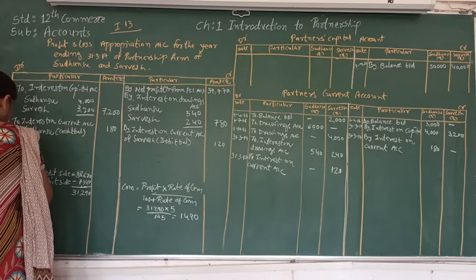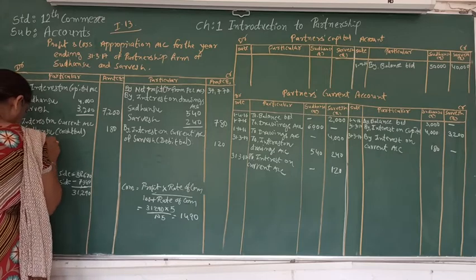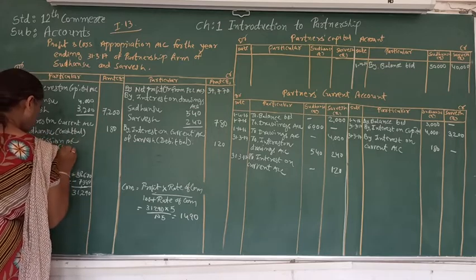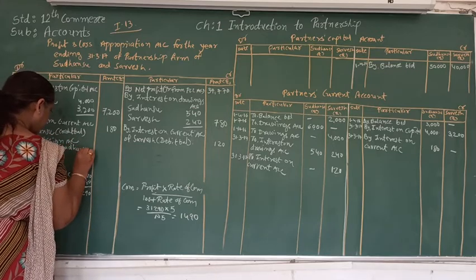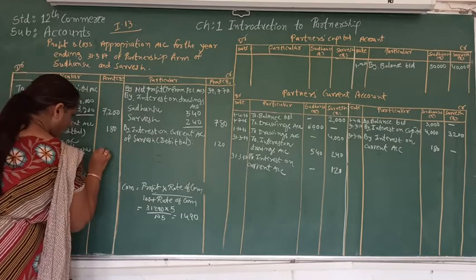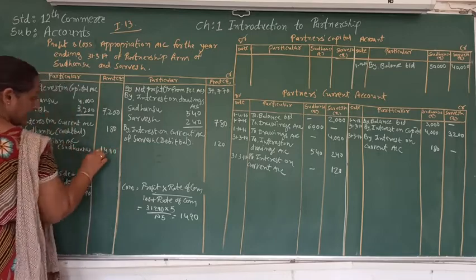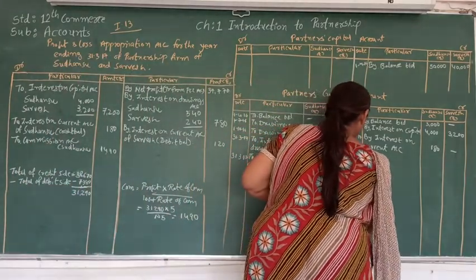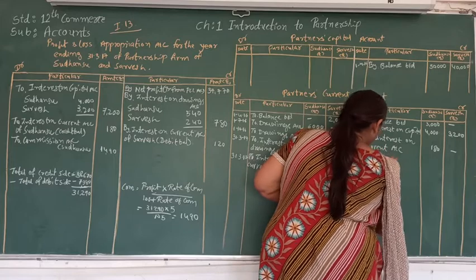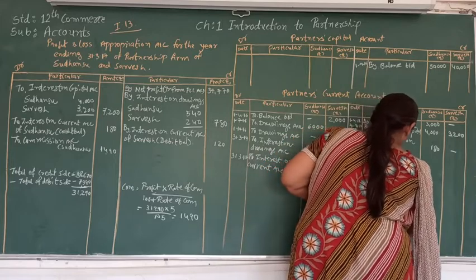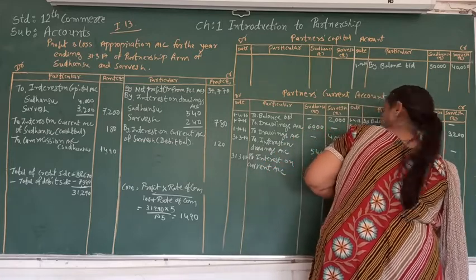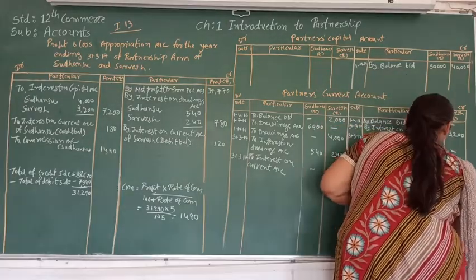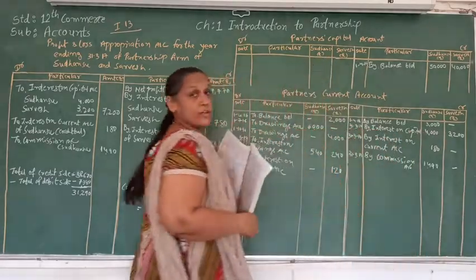To commission account, and it is for Sudhanshu. So that is 1,490 that we are going to credit to his account. That is 31,370 by commission account 1,490.